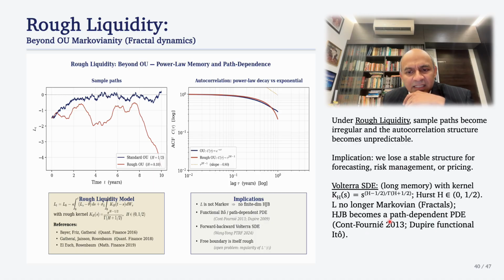The Volterra SDE would have a long memory with kernel K and Hurst exponent between 0 and 1/2. L is no longer Markovian, you're in the fractal dynamic space. And HJB becomes a path-dependent PDE.